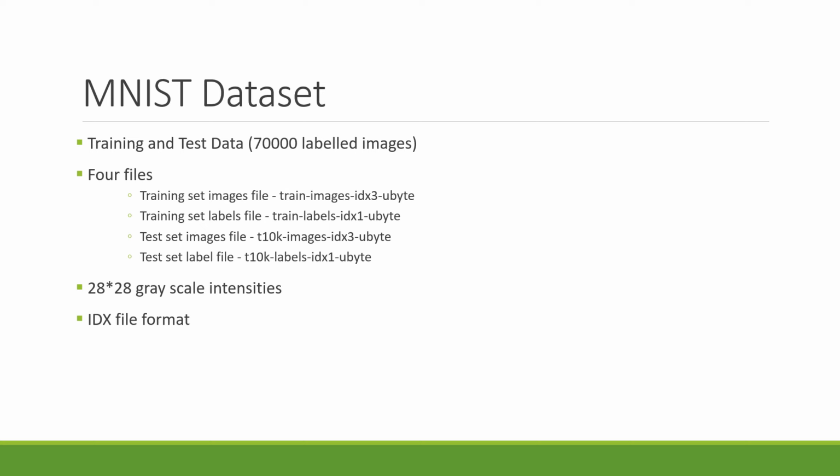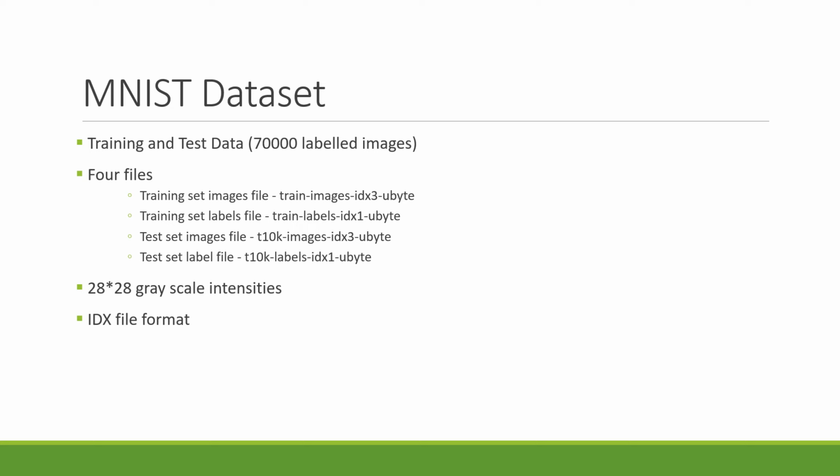In this project, I have used the MNIST dataset, which is a subset of NIST. Without changing the aspect ratio, the data is formatted to 20 by 20 pixels. This dataset consists of around 70,000 labeled images, out of which 60,000 are in the training set and 10,000 are in the testing set.